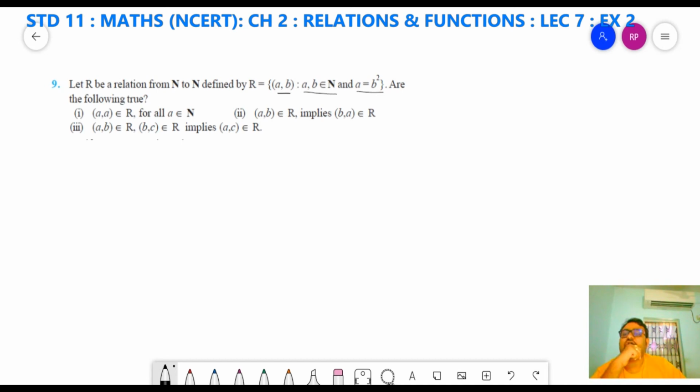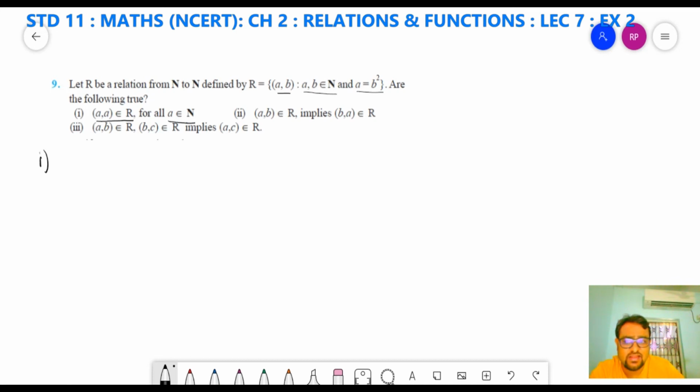Are the following true? First, (a, a) belongs to R for all a belonging to N. Let's solve the first one.